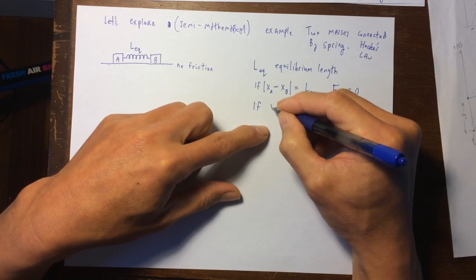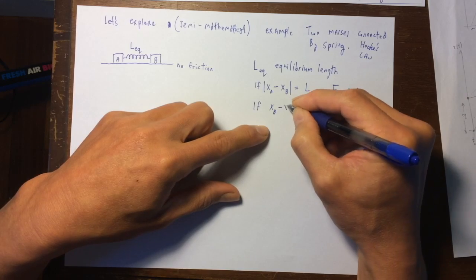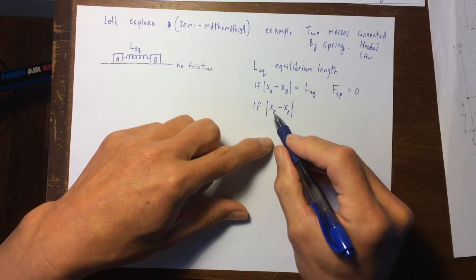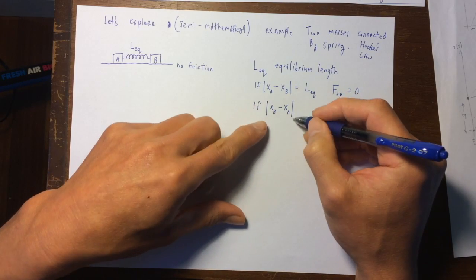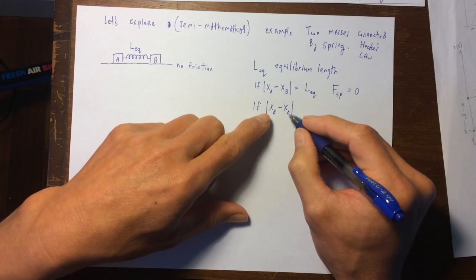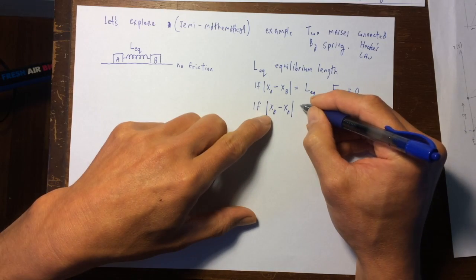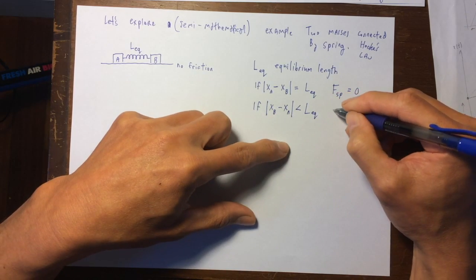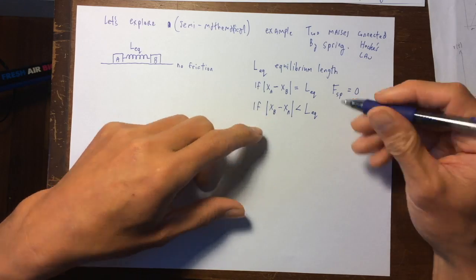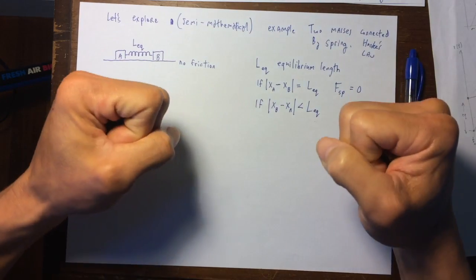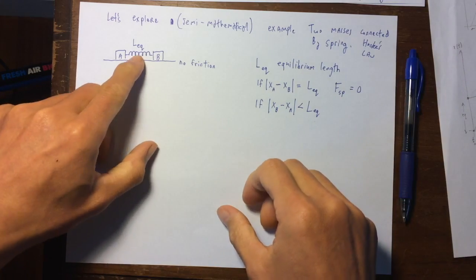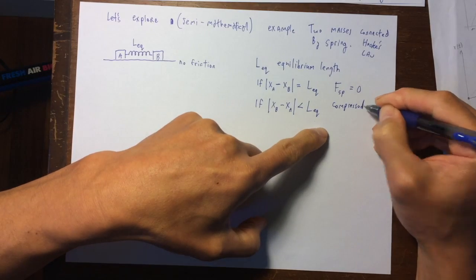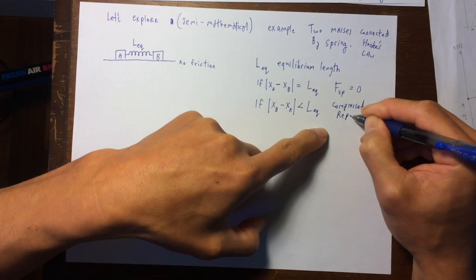If |x_B minus x_A|, and it doesn't really matter, but I'll put the absolute value, so if I take the difference in the other direction with the absolute magnitude bars, if these things are separated by a distance that's smaller than the equilibrium length, then the spring has been compressed. So this is a compressed spring, which leads to repulsion.